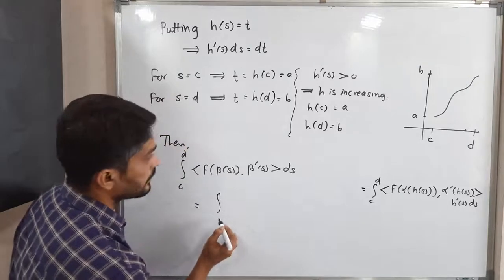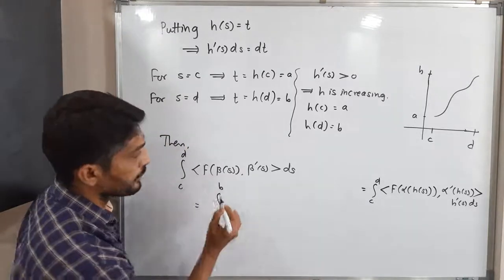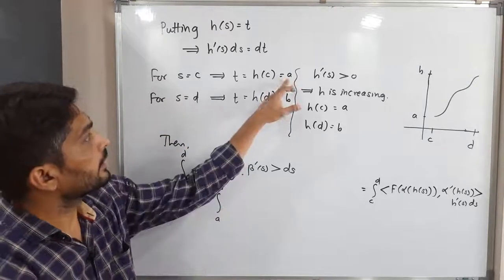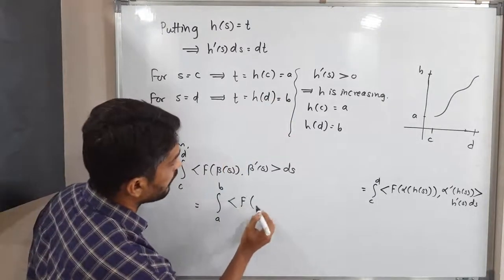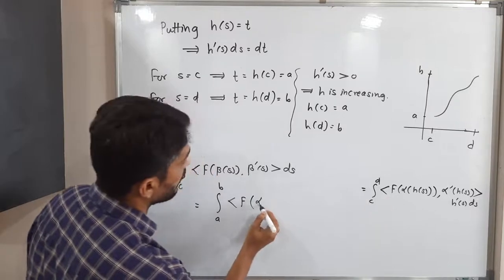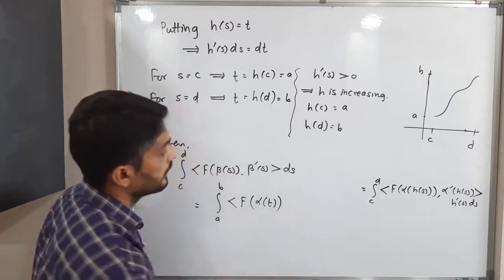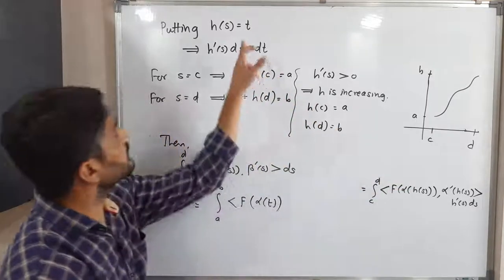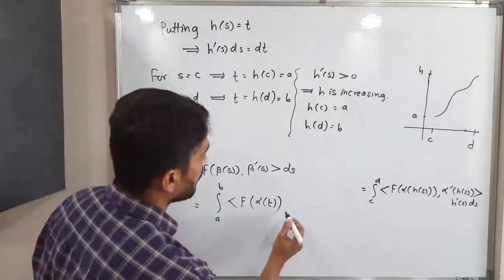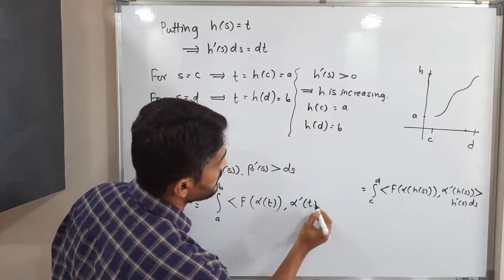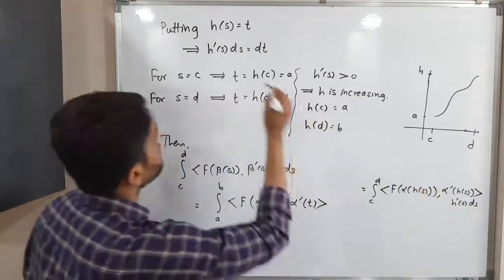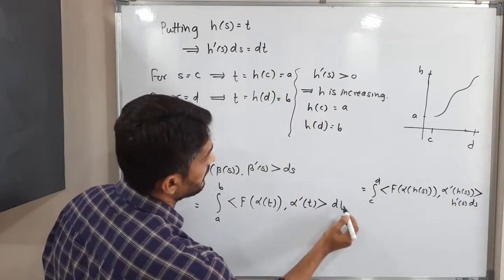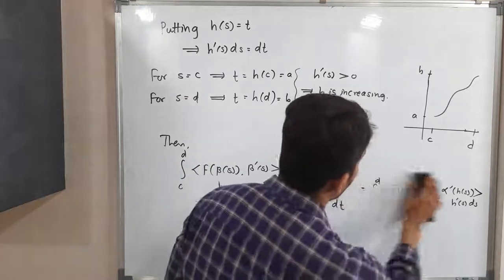So integration from a to b, since our new limits are a to b, of the inner product of f of alpha of h of s, so alpha of t I should write, since h of s is equal to t, comma alpha dash of t, and h dash of s ds, its value is dt. Getting? So let me remove this one, it is not required.